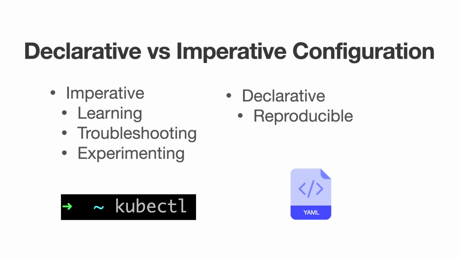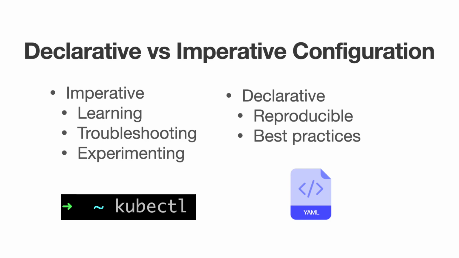Then you can take that exact same configuration and apply it in all of these environments. And when building a cluster and all of the resources for your cluster, it's best practice to use declarative configuration. So use imperative when learning and experimenting with something, and declarative for reproducible environments, and it's the best practice.